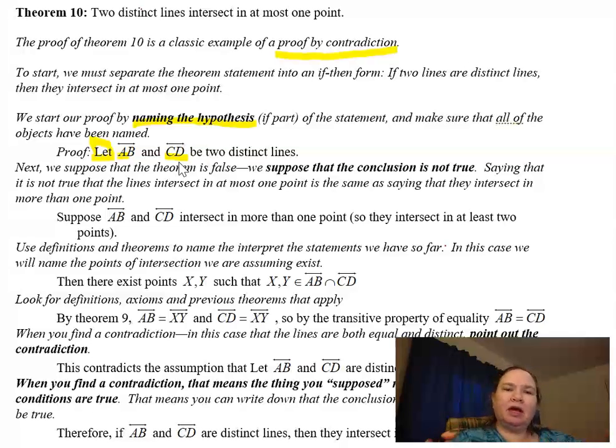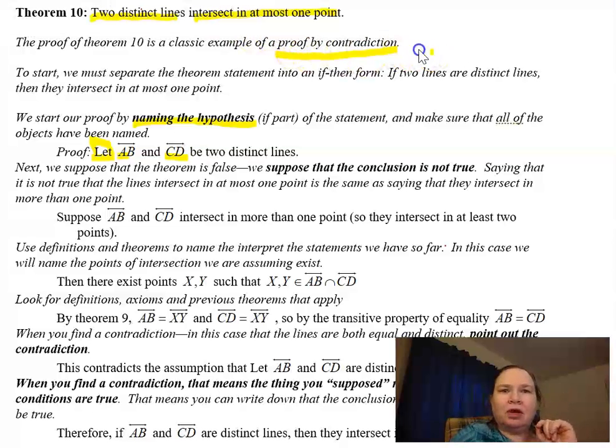All right, now the next thing I'm going to do, because it's going to be a proof by contradiction, is I have to identify the conclusion. So the if part was that I have two distinct lines, and the conclusion is they intersect in at most one point.